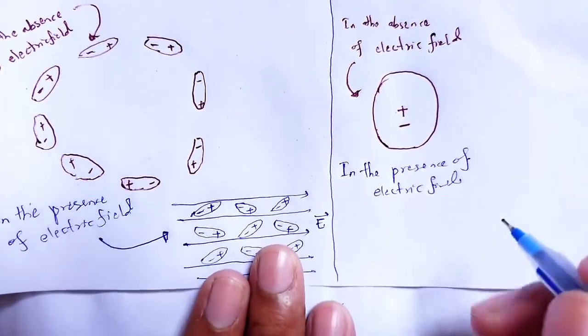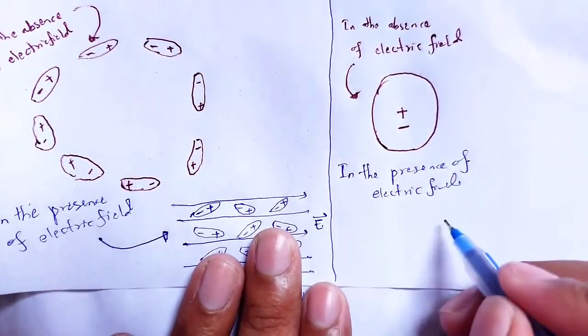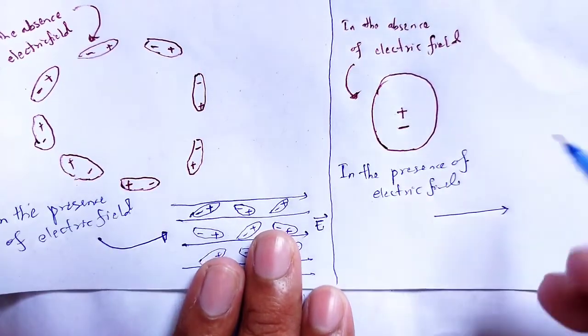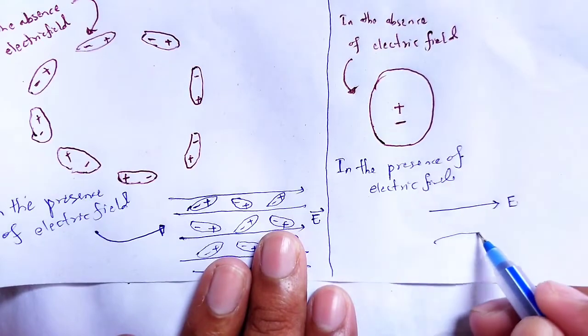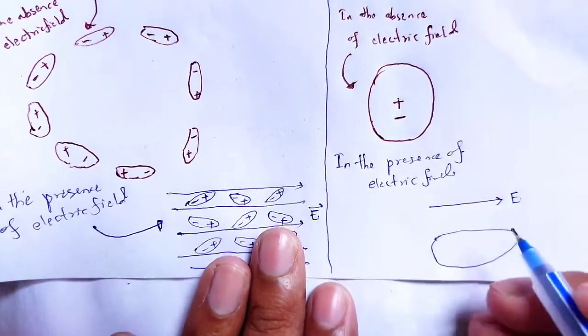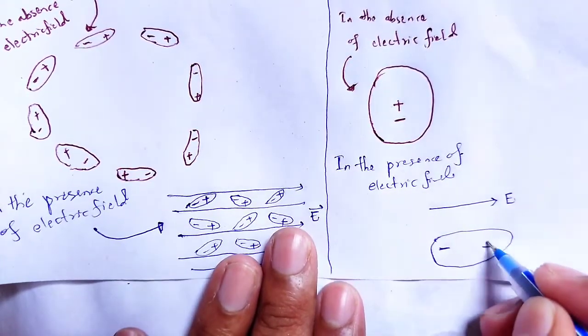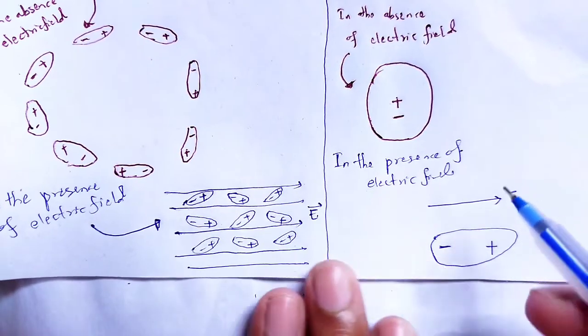what happens? Look at that particular picture. When an electric field is applied, the molecule looks like this, negative and positive. How exactly did that happen?